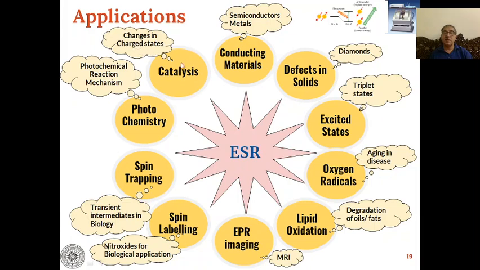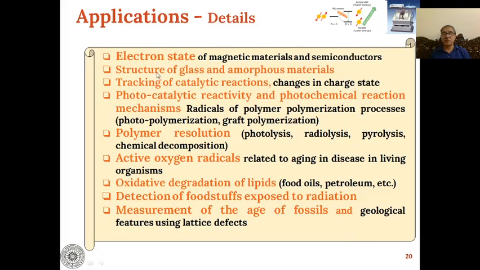We can see what kind of defects are present in semiconductor materials. We can get that information from the ESR spectrum. Then for defects in solids, we can use ESR spectroscopy, and particularly an application has been found in diamonds.